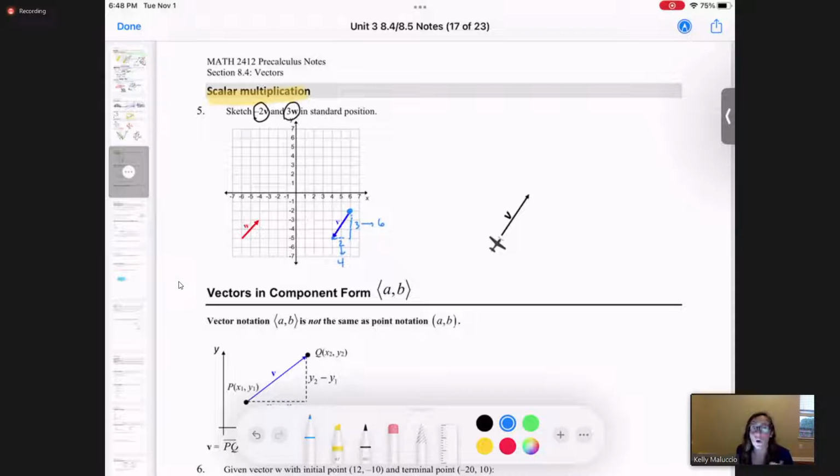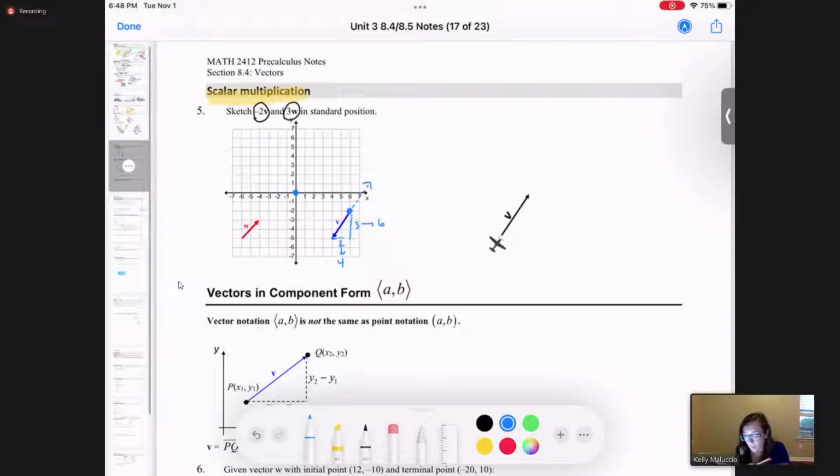And we also want it in the opposite direction. So we basically want it going this way, right? And then we want it in standard position, meaning starting at 0, 0. So this starting point, which was the original starting point, we want to shift to the origin, and then we want it to be 4 units to the right and 6 units up.